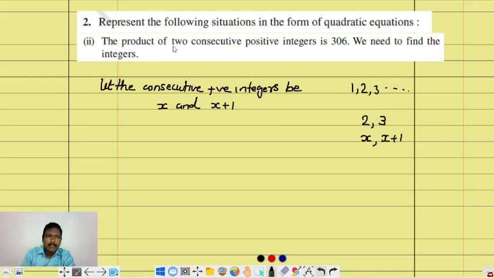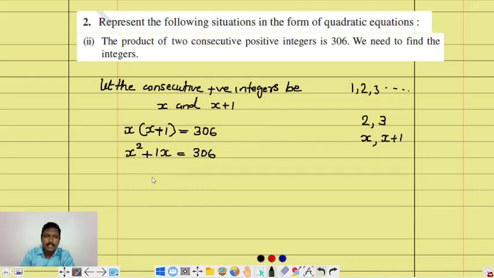Okay. Now see, the product of two consecutive integers is 306. So how can you write it? Product of this x and x plus 1. So x into x plus 1 is equal to how much? It is 306. So open the bracket, you will get x into x will be x squared plus x into 1 will be 1x, is equal to 306.